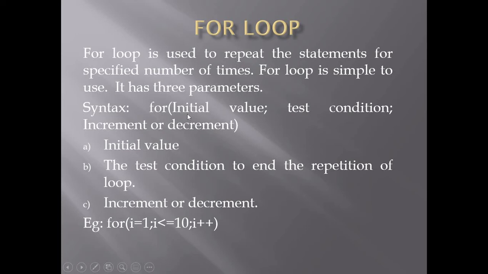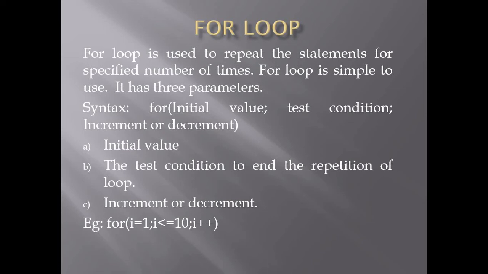The first parameter we have here is initial value, semicolon, test condition, semicolon, increment or decrement. Initial value is used to start the loop. The execution of the loop begins with the value which is initialized.